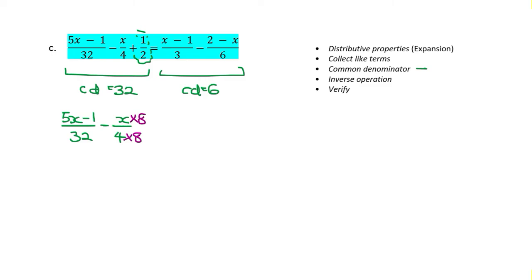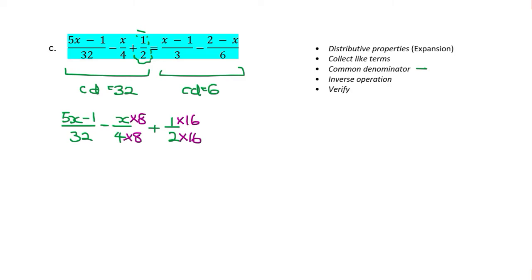And on the next part here, we have positive 1 over 2, which means that we're multiplying this by 16, because 16 times 2 gives us 32, as well as the numerator, we multiply that by 16.